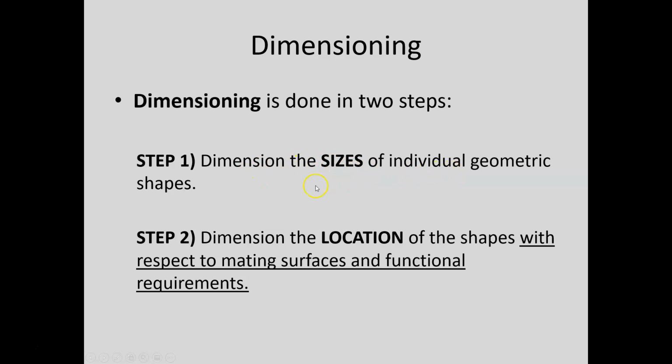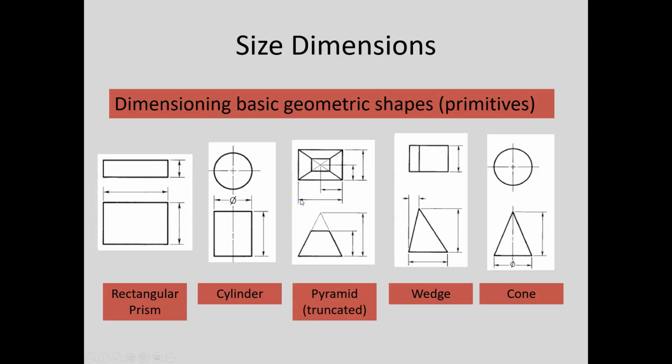Dimension the sizes of individual geometric shapes. So what are we talking about when we talk about these individual geometric shapes? Well, with the exception of curvilinear, sweeping surfaces, we can break 3-dimensional objects down into a collection of these geometric primitives. These primitives include a rectangular prism, which is a rectangular box.